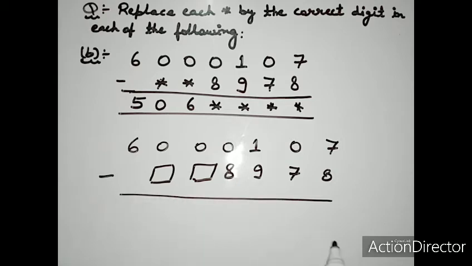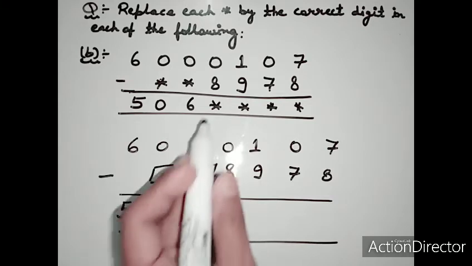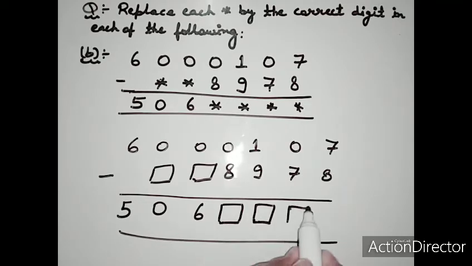Now here we make other blank spaces. Now here we write 5 0 6, and here make blank boxes to write the numbers which we write in the place of the stars.